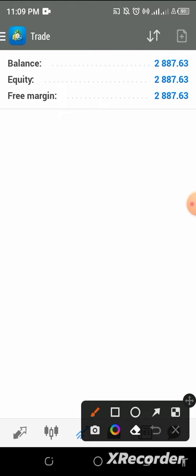Fundamental analysis are the news that always come out on a daily basis that have an effect on Forex. I'm going to use non-farm payroll, that is NFP, as an example. This is news that normally comes out once a month, every first Friday of the month around 2:30.